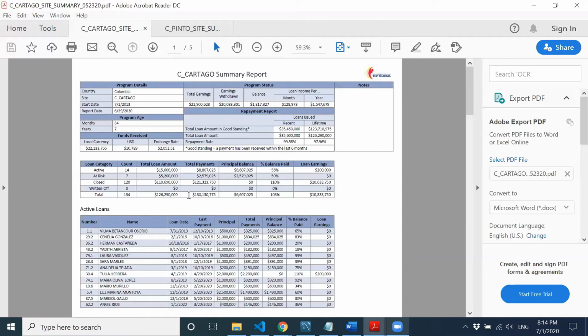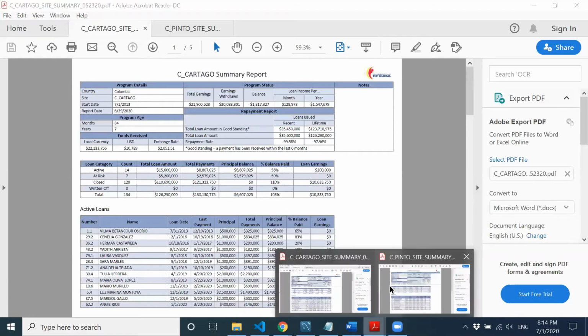And so you can see there's 22 million pesos, and their total payments of what they've actually received is 130 million. So 130 is definitely more than twice what they've received, which is 22. So they would qualify, and with the payment rate being above 95%, they would qualify for more funding if that's something they were looking to do.